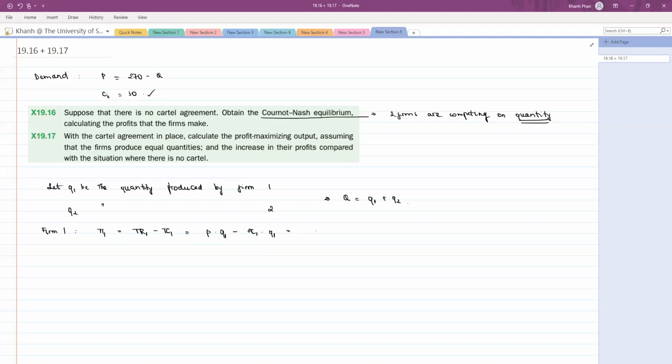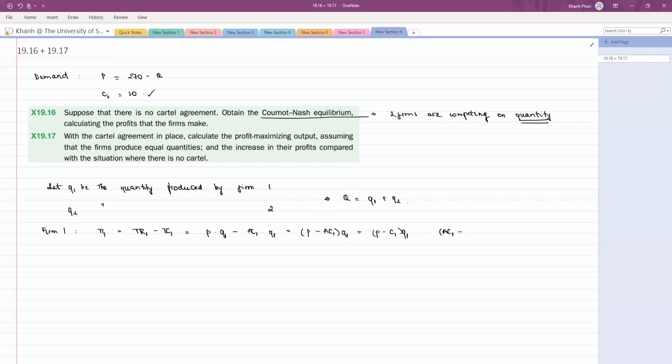So therefore it's equal to P minus AC1, times Q1, which is P minus C1, times Q1.